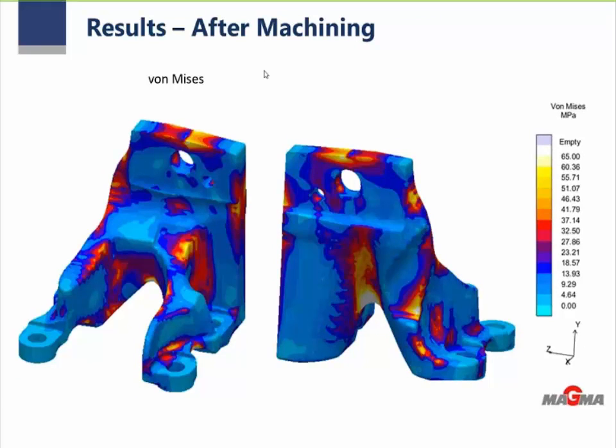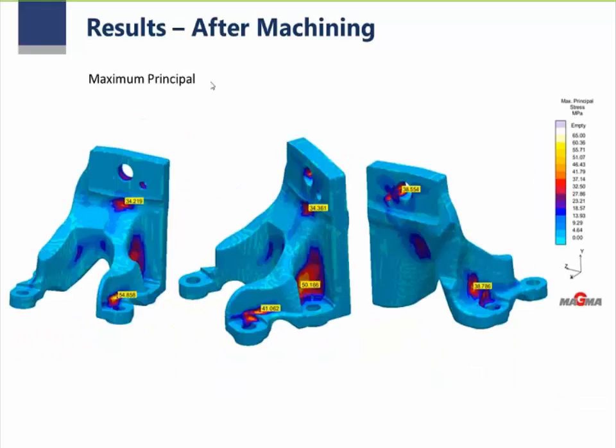For example, here you see some residual stress on your model, which sometimes with von Mises is not very clear if, for example, it's tensile or compressive stresses. But if you go to the maximum principal stresses, here is more clear.